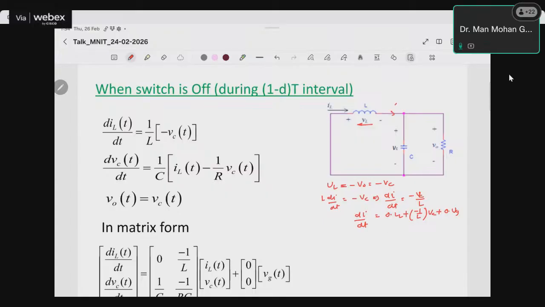And the second equation I form. So this is the first equation. The second equation I can form by writing IC equal to IL minus I node, which is V node upon R, and V node equal to Vc.